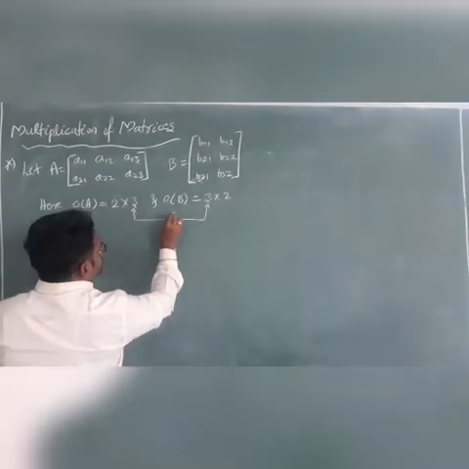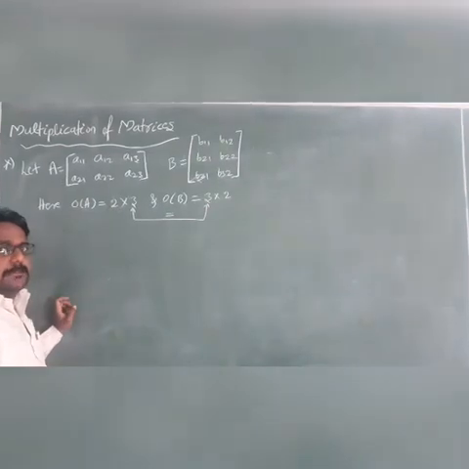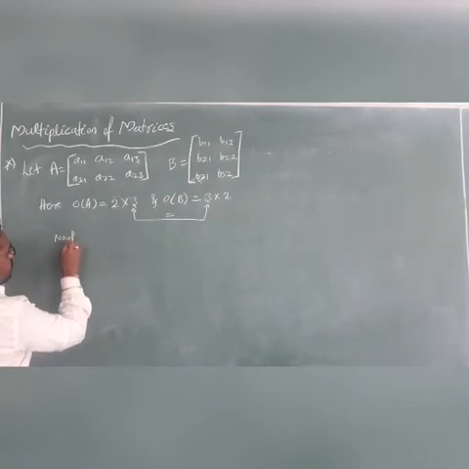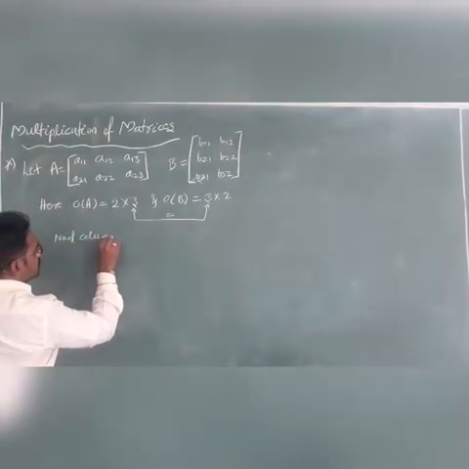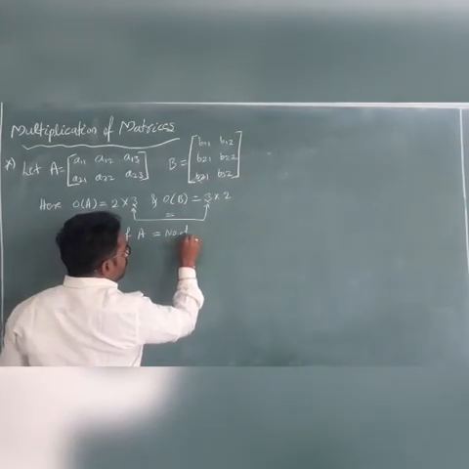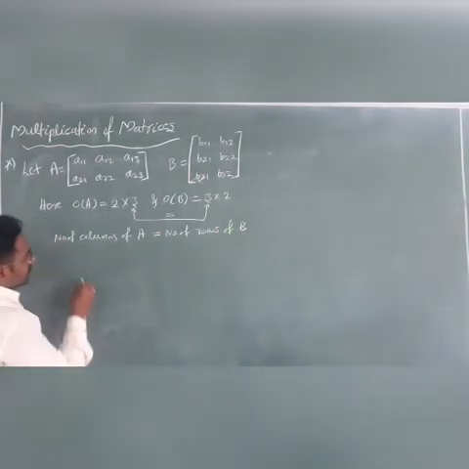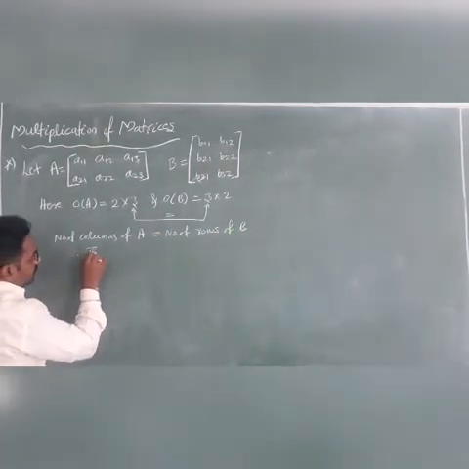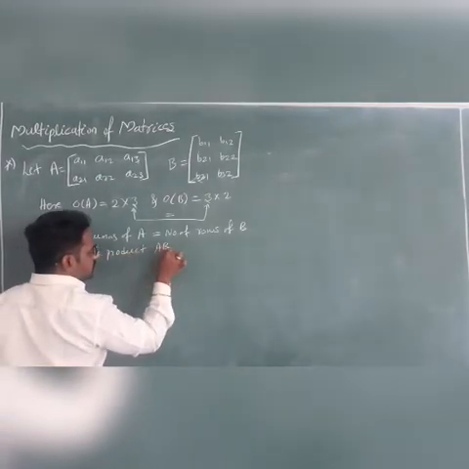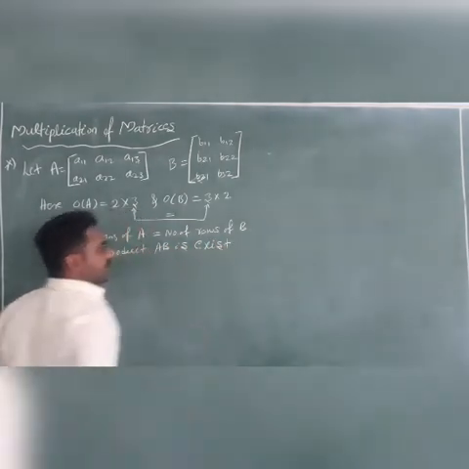Number of columns of A equals number of rows of B. Therefore the product AB exists, or we can define the product AB.